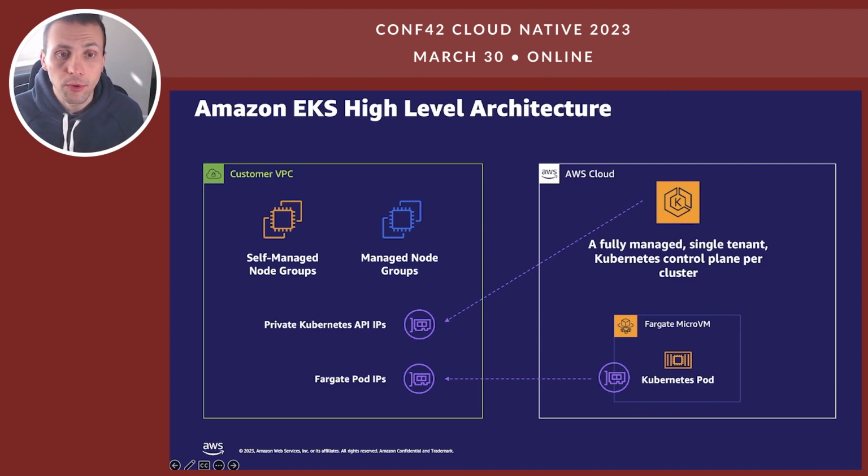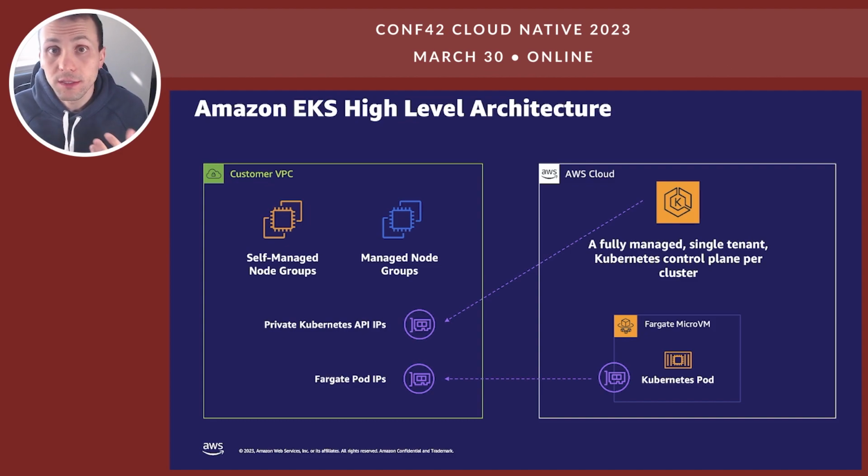Here on the top, you can see the control plane, which is a fully managed single tenant Kubernetes control plane per cluster. Once you create your EKS cluster, behind the scenes AWS is going to create a single tenant control plane only for you, and you're only going to get the specific endpoint. You can create private or public endpoints. We call them cluster endpoints.